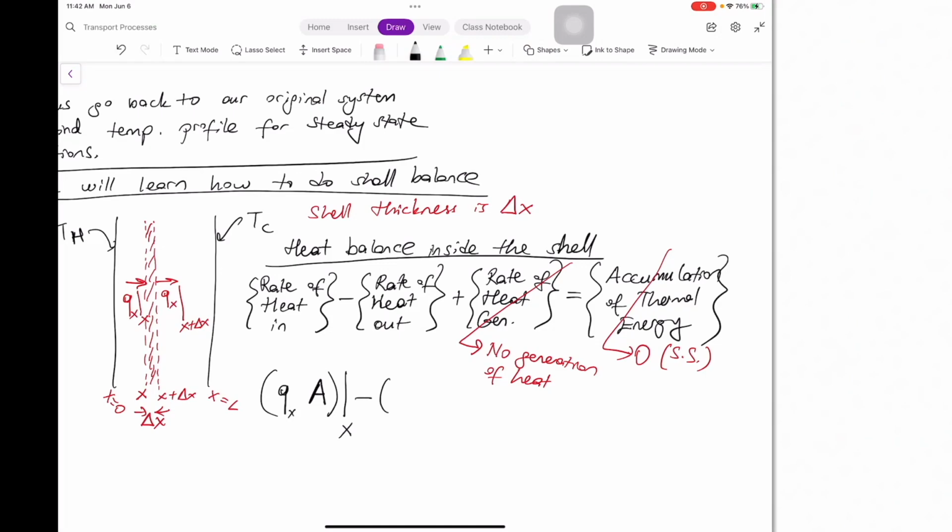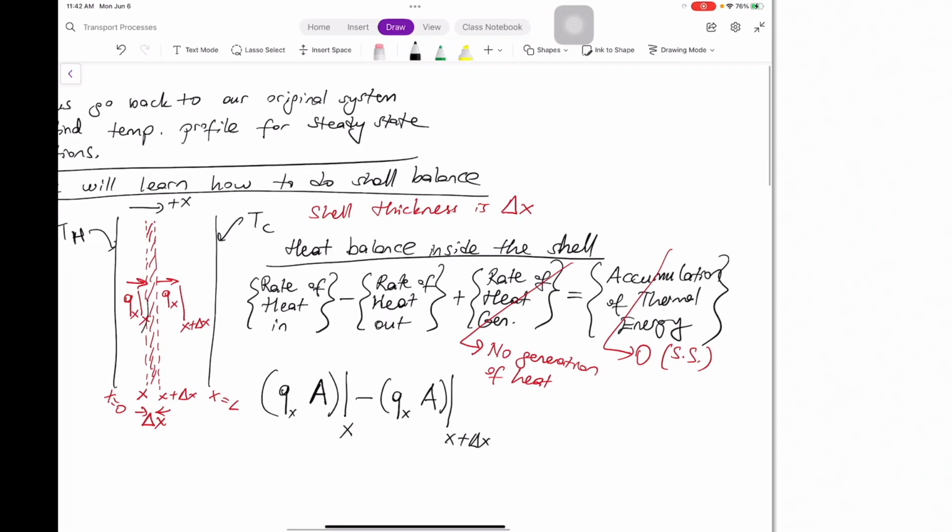Minus the heat out, which is qx times area, but calculated at x plus delta x. So it's basically this one minus that one, right? And be careful that I'm using the plus direction. So this is my plus x direction. I need to write down my q's towards the plus x direction.